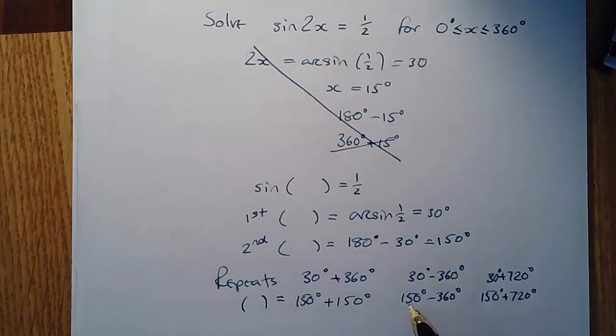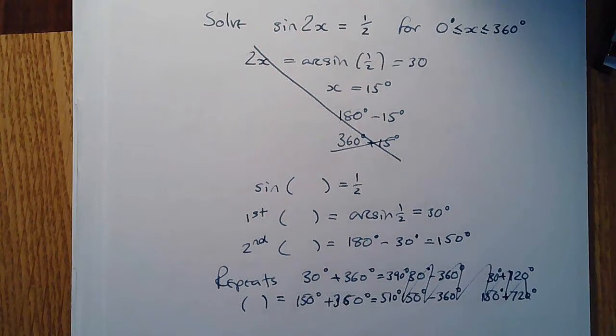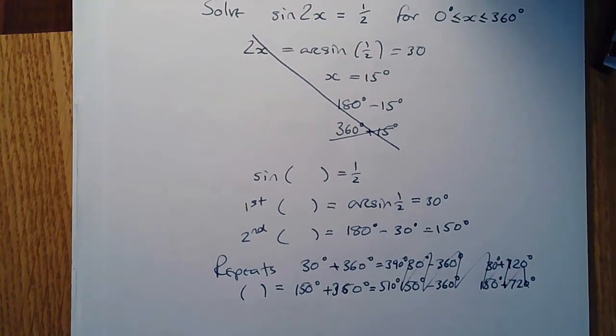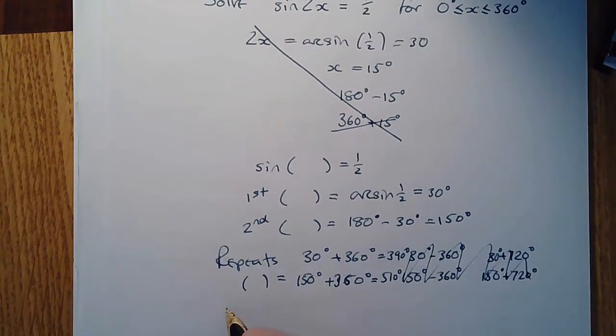So these actually are not valid solutions, but it turns out that 390 as a value for 2x, and this one here, that should be 360 degrees I should be adding, which is 510 degrees. These turn out to be valid answers because the final step, after you've thought about the first bracket and the second bracket and the repeats, is to remember that all the answers we've found are answers for 2x.